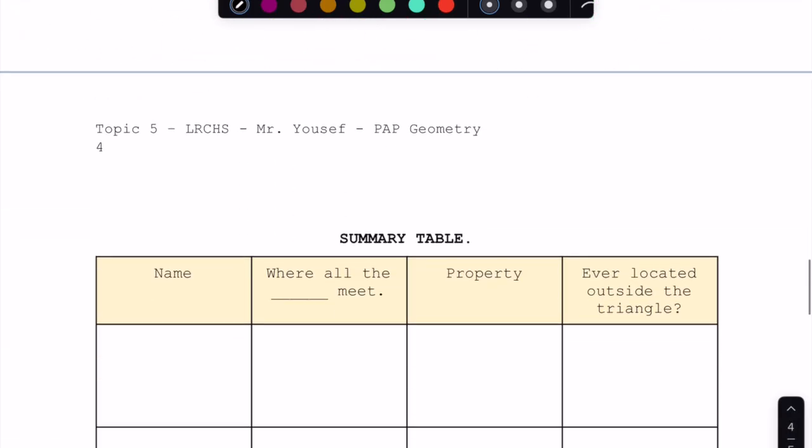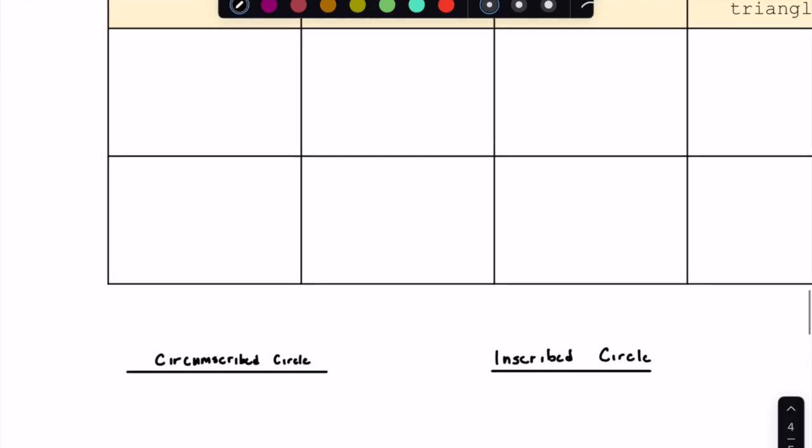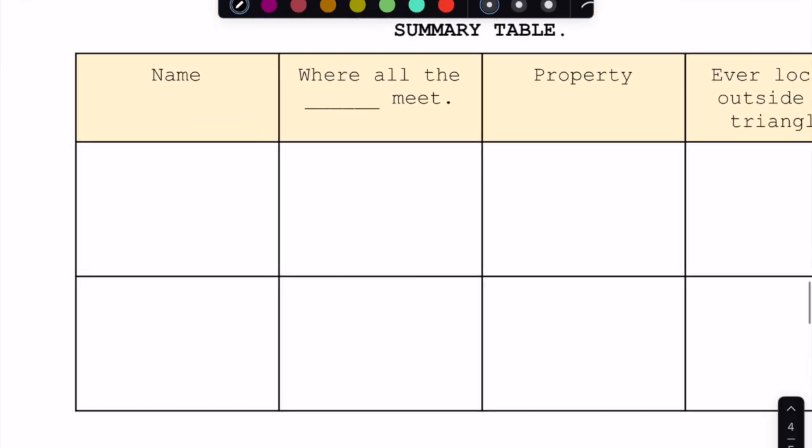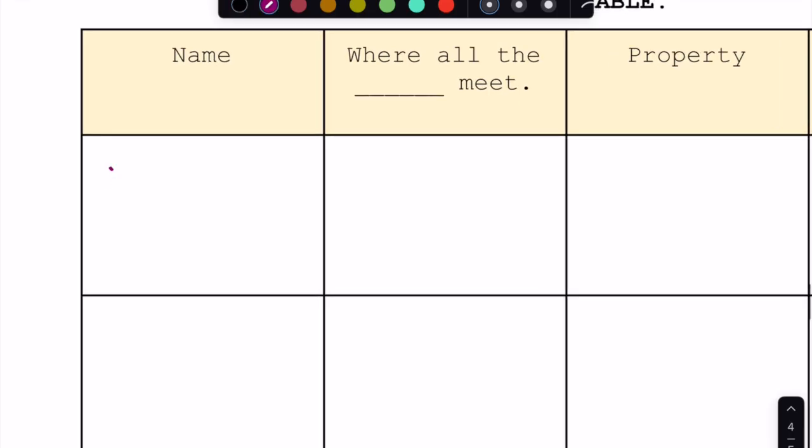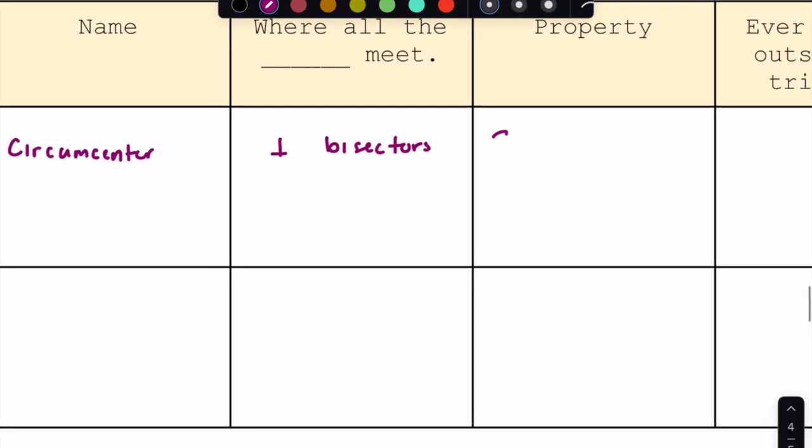Okay, so now let's fill out this summary table. Okay, so we have our circumcenter. So this is where all the perpendicular bisectors meet. And the circumcenter is equidistant.